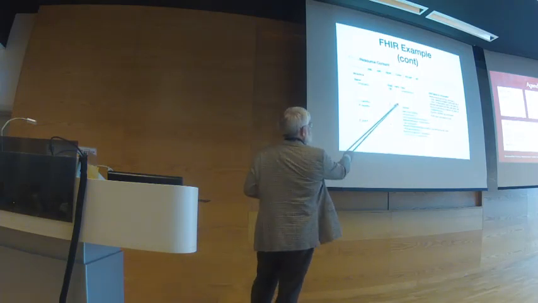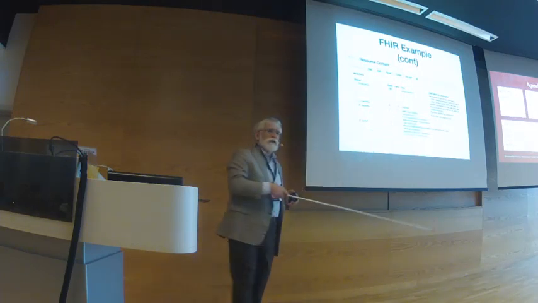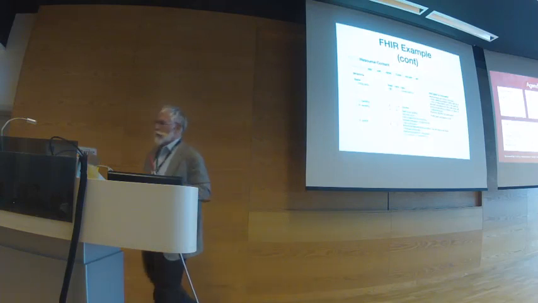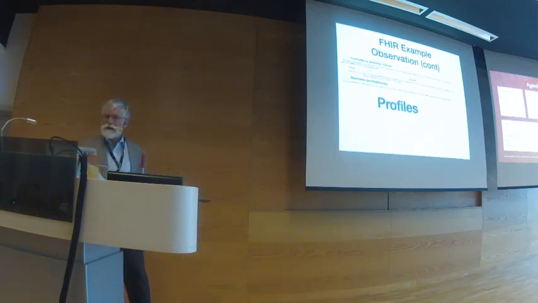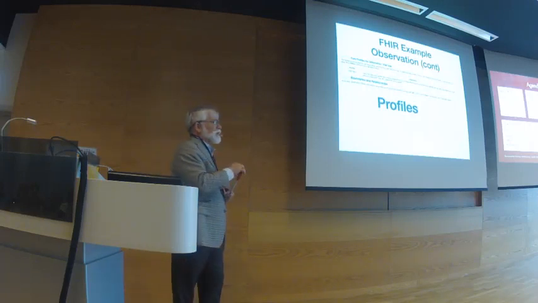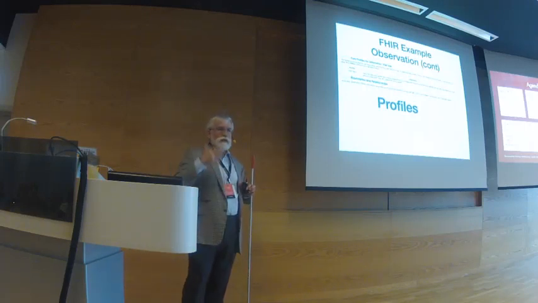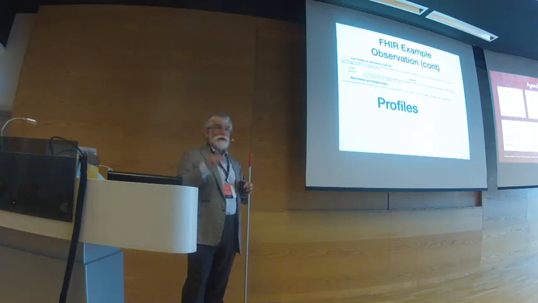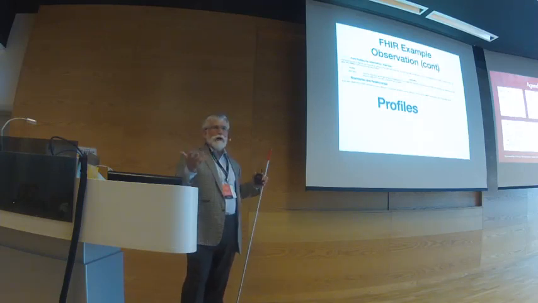In FHIR, it might say you can use any code system you want for lab codes. You can put in the profile the specification that says we want to use LOINC, laboratory identification codes. And so you can take the FHIR specification and create a set of rules that in your community gives you interoperability using constraint language.